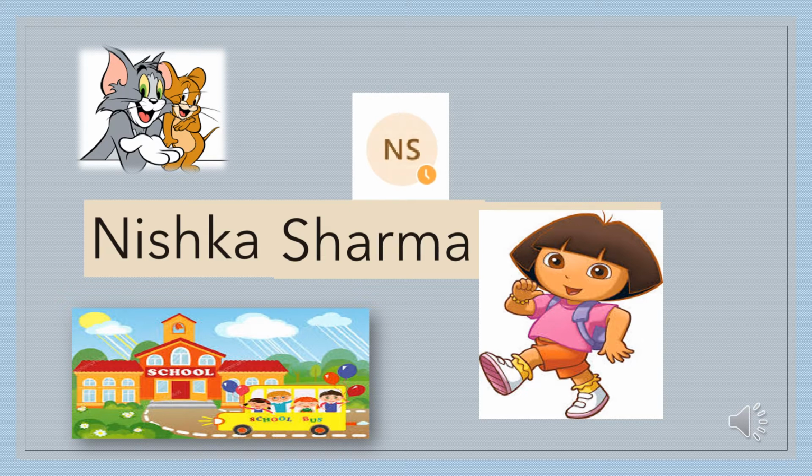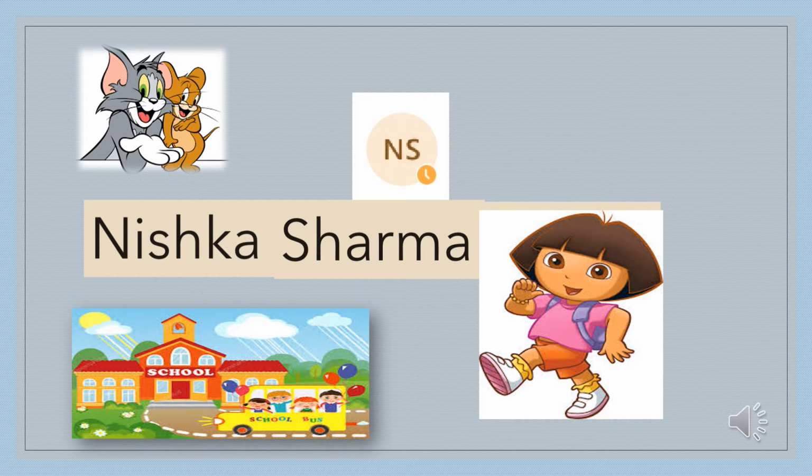You all can see in your team's logo that you must be having a logo of this type. There on the screen, it is present here that there is a symbol where NS is written on top also, and NS is the short form and Nishka Sharma is the expanded form.